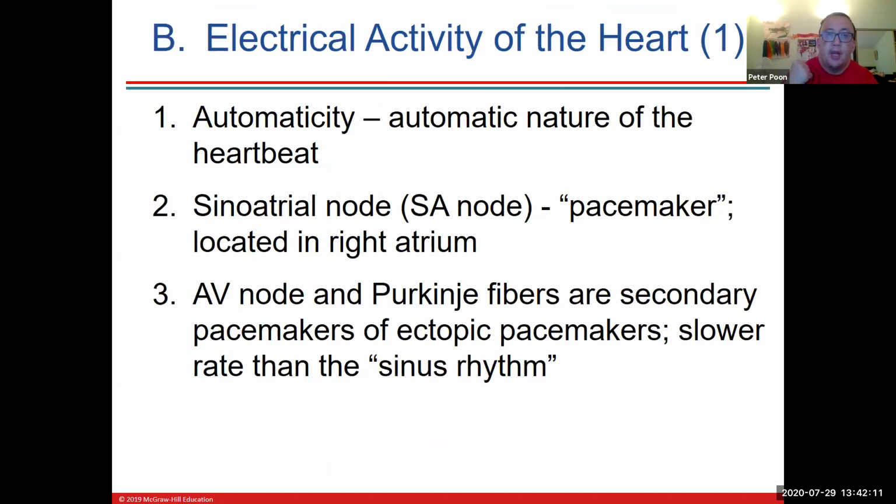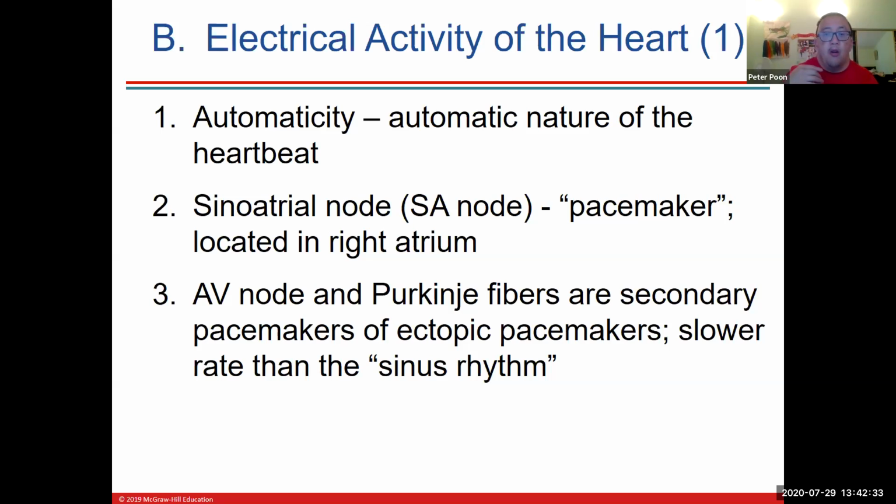Okay. Electrical activity of the heart. First of all, I explained this a little bit when we talked about muscles, but the heart is autorhythmic. The pacemaker of the heart is the SA node. The SA node is located in the right atrium.